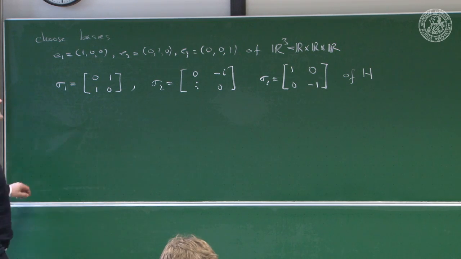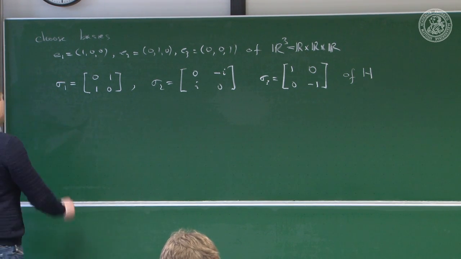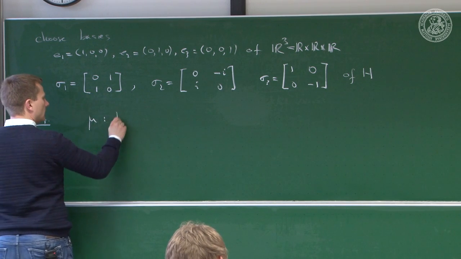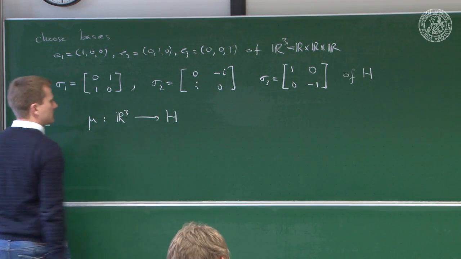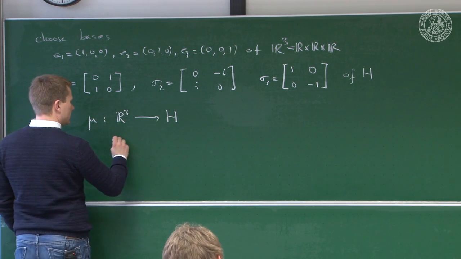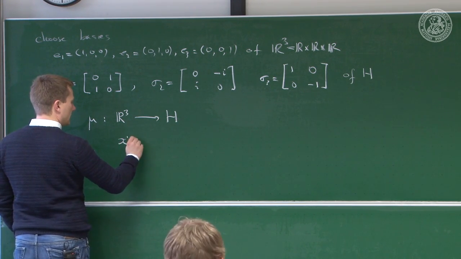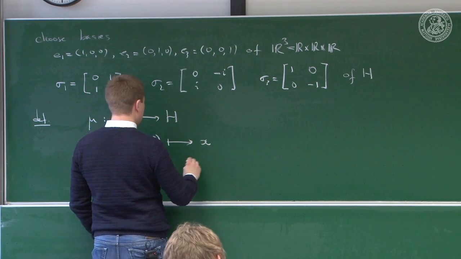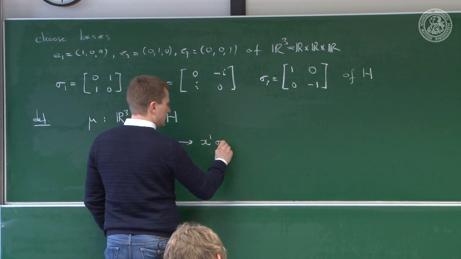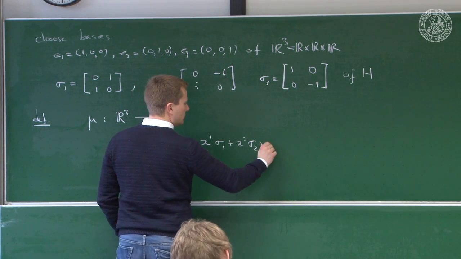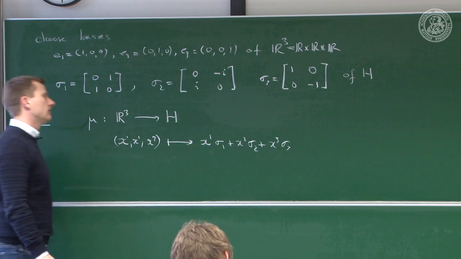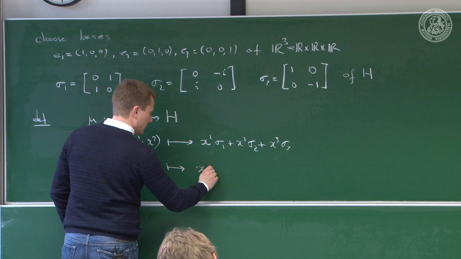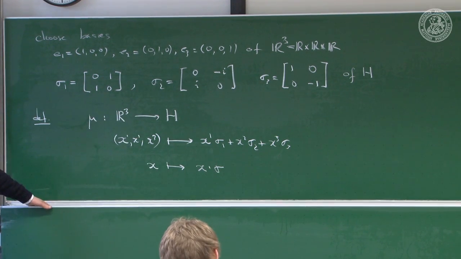So they must provide a basis of H. And now we want to explicitly construct an isomorphism, let's call it mu, from R3 into H. And I do this by taking a triple here, x1, x2, x3, and map it to x1 sigma 1 plus x2 sigma 2 plus x3 sigma 3. Or if you want to write this in short form, you may want to write it like this, but this is the definition.